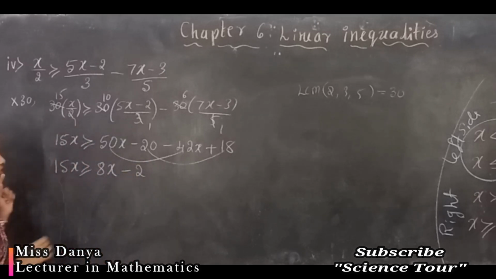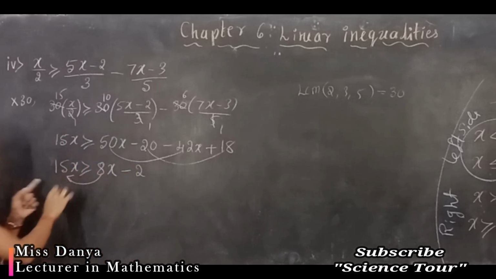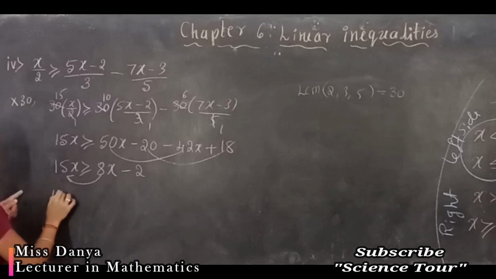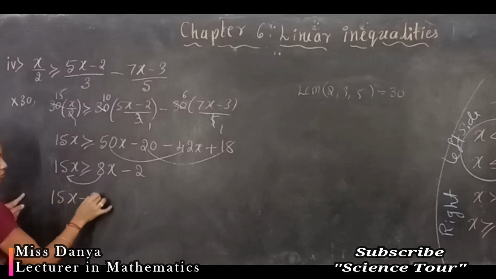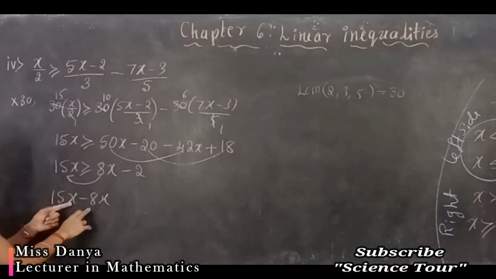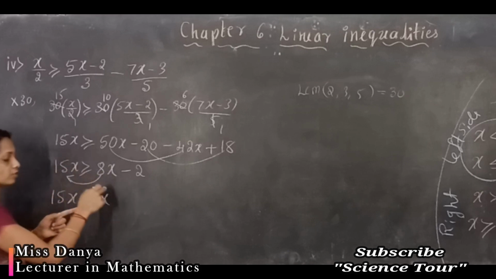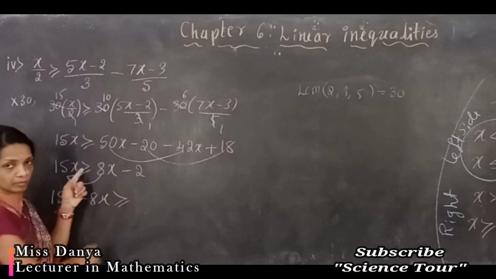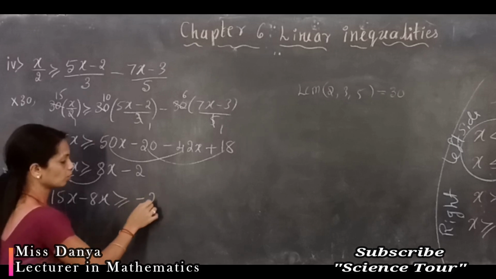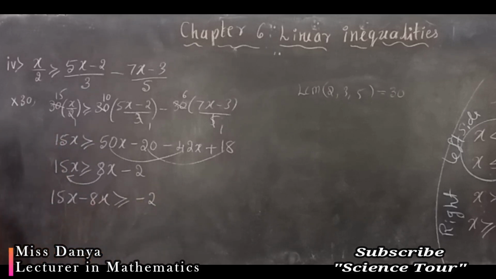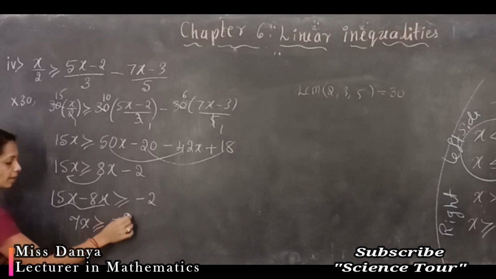Now the x term is larger on the left side, so shift 8x to the left side as minus 8x. With the 15x you write minus 8x, and the greater than or equal to symbol stays as it is, and the only number, minus 2, is on the right side. Now 15x minus 8x simplifies to 7x greater than or equal to minus 2.